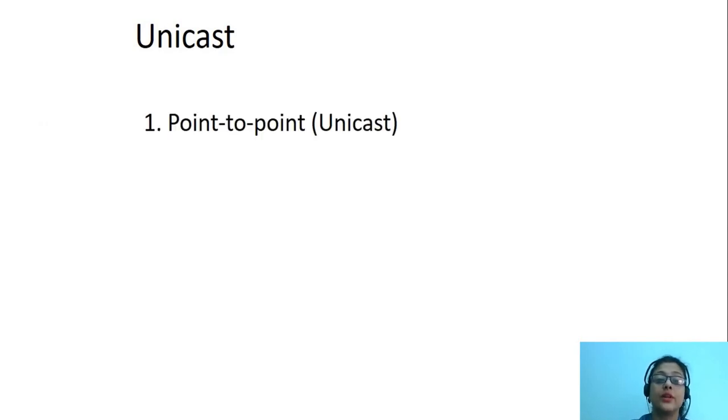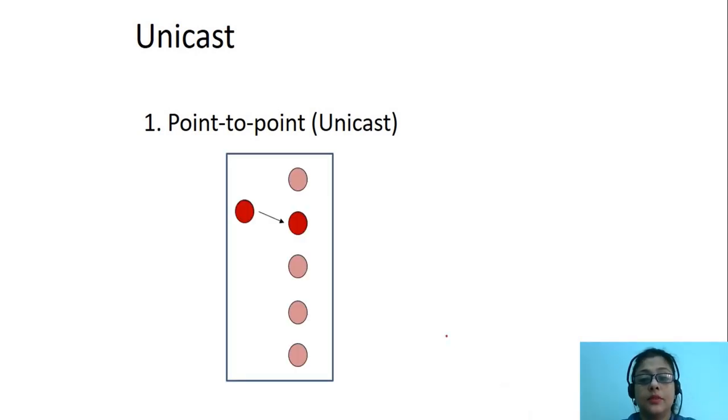This is also known as the point-to-point connection. Let's look at this diagram. This diagram shows that there is a single input at the input side. So this is node N1, and at the output side we have several nodes.